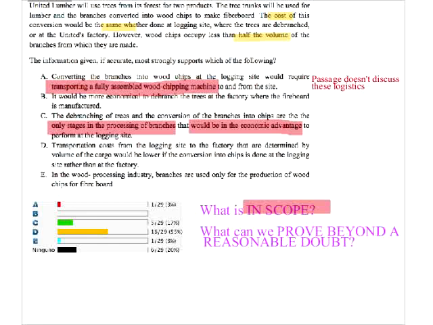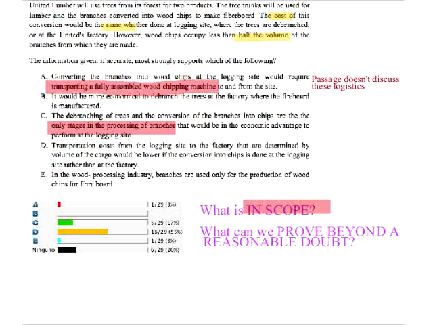Both of these, the second one is not out of scope, but the first one's out of scope. We don't know if there are other stages. The passage doesn't say that these are the only parts of the process. So as far as we know, there might be 8 other parts of the process. We really have no idea.